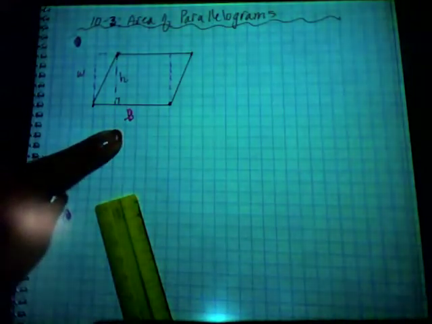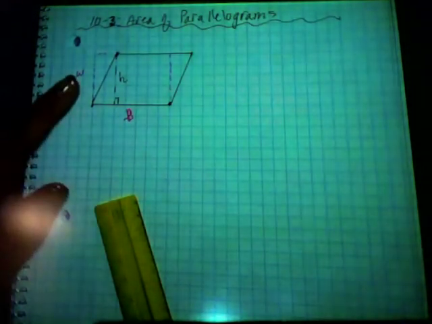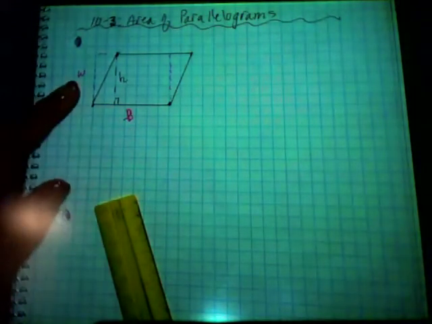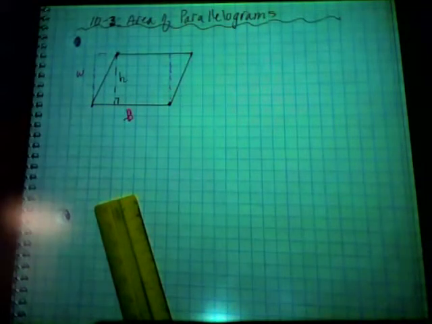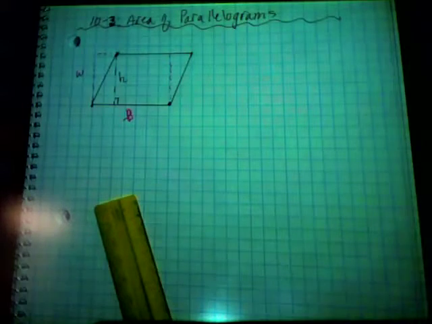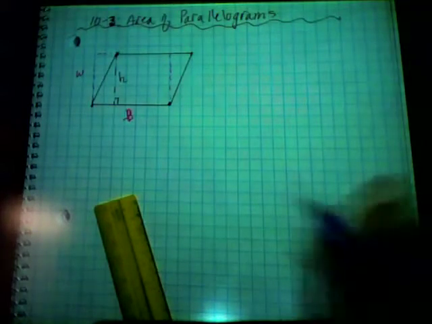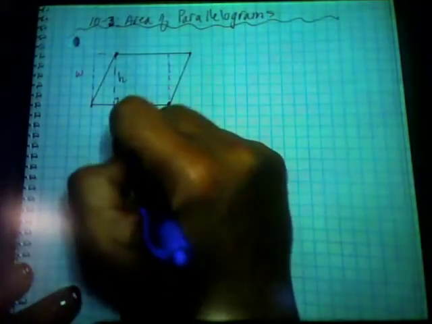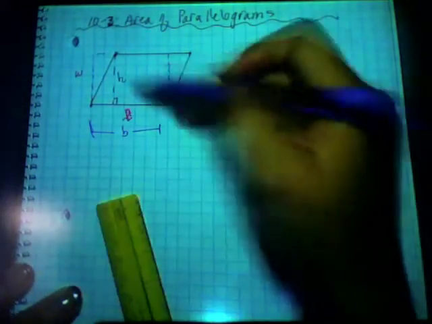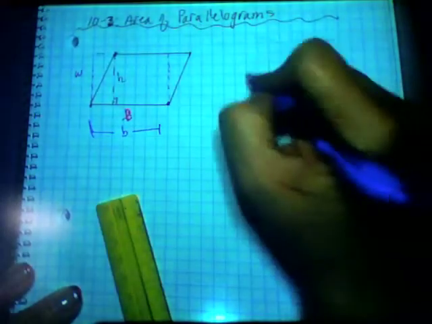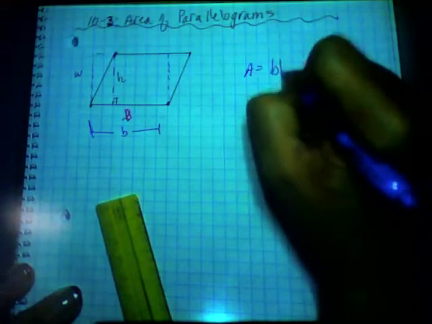I guess I'll call it my length. If this is my width and this is my length of my rectangle, isn't the area of a rectangle length times width? So wouldn't the parallelogram be exactly the same? But on a parallelogram, we call this distance the base, from here to here, and then this is the height. So your area formula for your parallelogram is typically base times height.